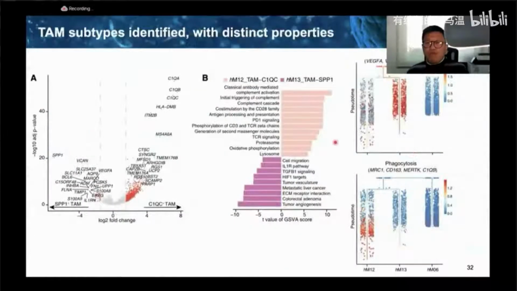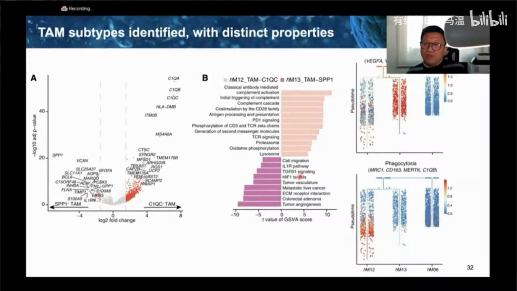We focused on these two types of TAMs and found that their gene expression properties are actually very different. The C1QC TAMs tend to express genes that are enriched in the complement pathway, antigen presentation, and phagocytosis. By contrast, the SPP1 TAMs specifically express genes that are enriched in angiogenesis and metastasis.